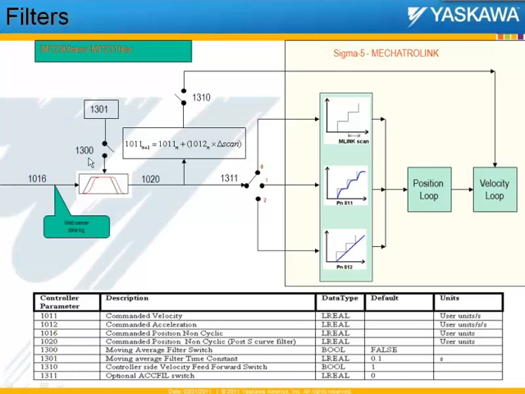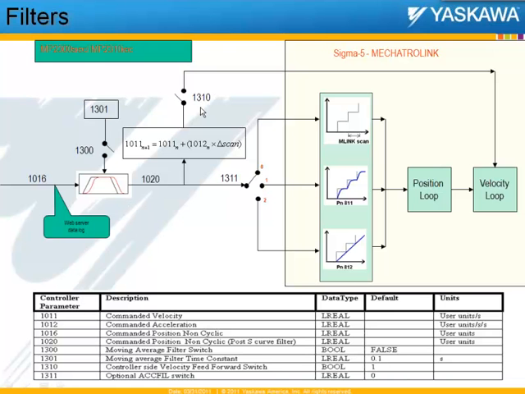So if 1300 is enabled, it applies a moving average on the command that comes through. If you have a trapezoidal move profile, you can apply the 1300 filter and make that profile look like an S-curve acceleration and deceleration profile. Essentially, it's a moving average filter with 1301 as the time constant.